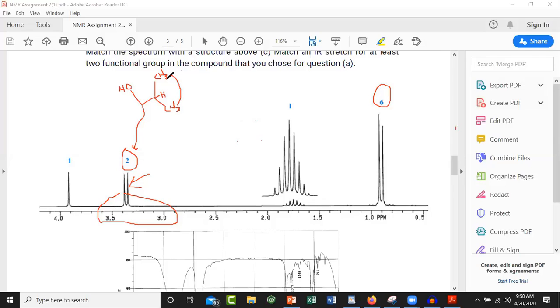Just one neighbor. It's only got one neighbor right here, right? And so this will split with that and give you a doublet. But you're not going to see two doublets because the protons are equivalent. So this is coming here. That's the signal for that. Then we only got one signal left, right? Well, the OH is here. You can see that that's integrating for one proton, and it's all the way down here, downfield.